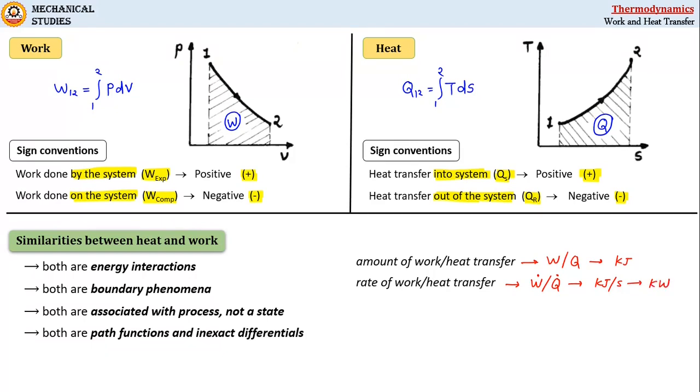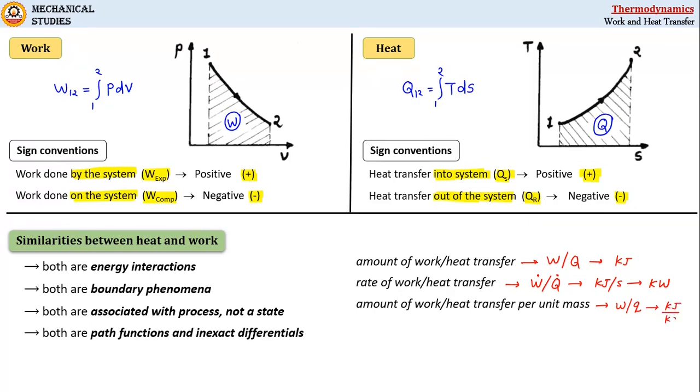Sometimes we are interested in the amount of work or heat transferred per unit mass of the working substance, and that will be denoted by small letters here like small w and small q, whose unit will be kilojoule per kg.